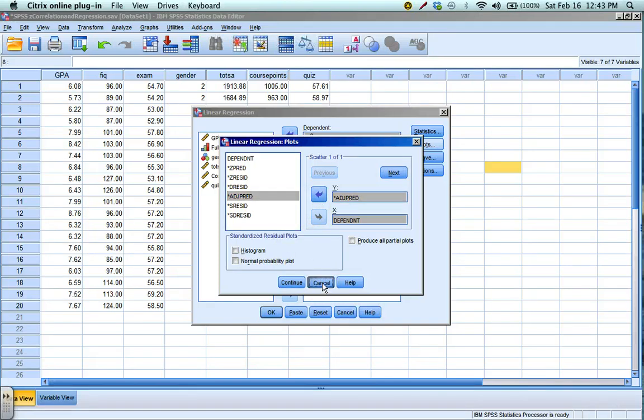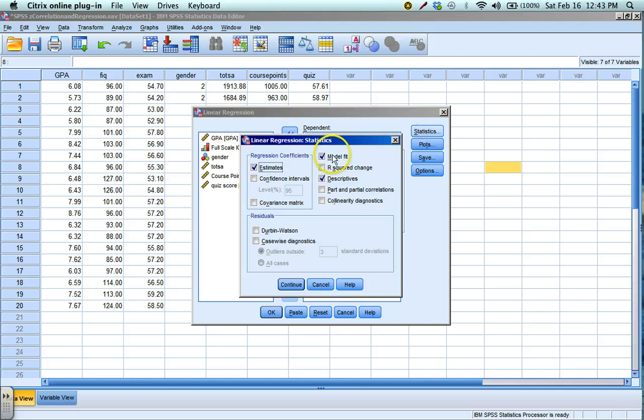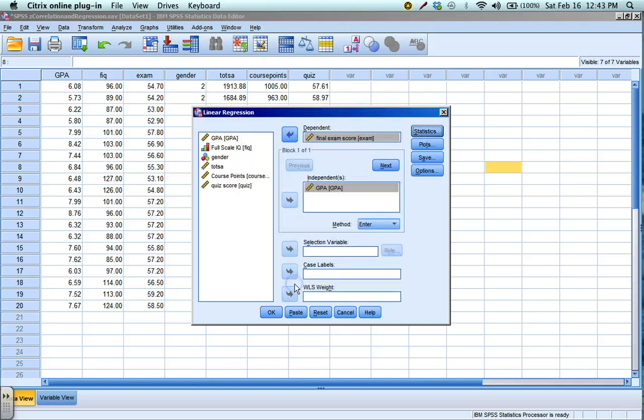We can come back to that a little later. So we have our descriptive statistics here. That's taken care of. Let's hit OK and see what we get.